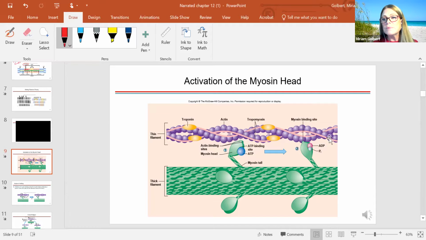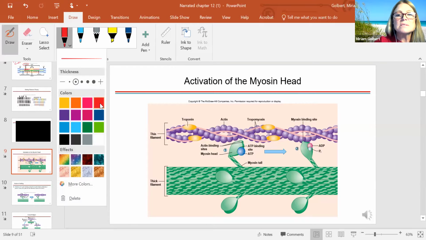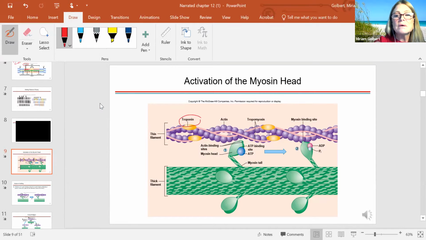Then on top, you can see the actin, the double strands of pearls, right? And in this picture, we've added 2 more little proteins that are associated with actin, but they are not involved in the contraction mechanism. So the 2 little proteins that are associated here are troponin, which are those oval yellow structures.